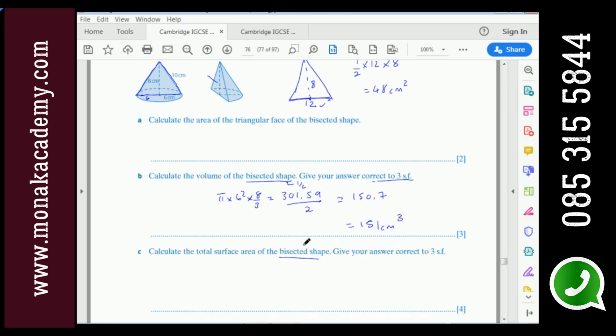Okay. So for the total surface area, we need the triangular face, which you already calculated, and we got 48. Now, what is the shape of the bottom? What do you call that shape? Semicircle. Okay.